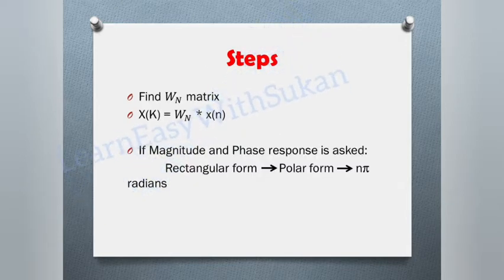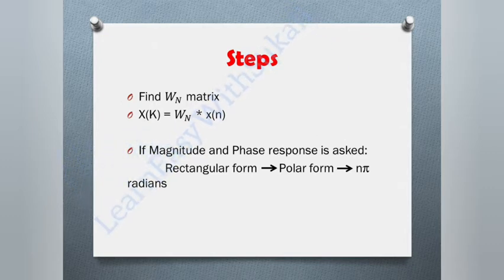So the steps to calculate this DFT are, first of all, we need to find the W N matrix, that is the twiddle factor matrix. Next, we have to multiply this obtained twiddle factor matrix with the given sequence x of n to get the DFT.